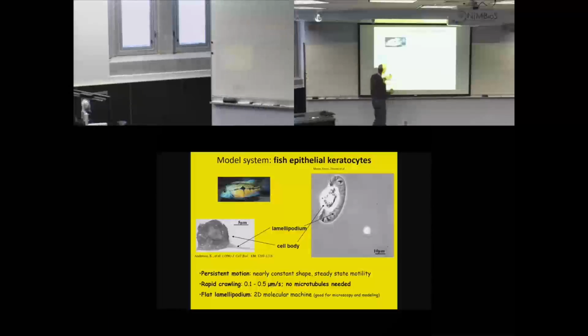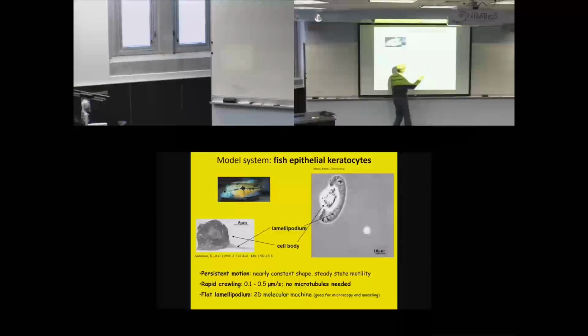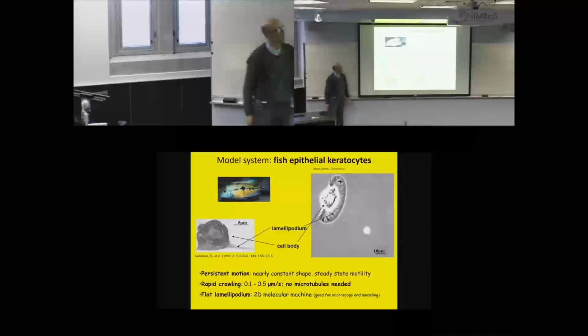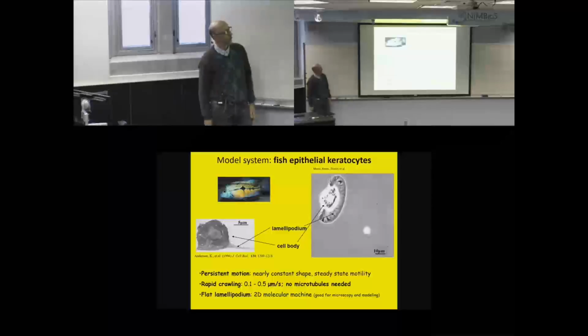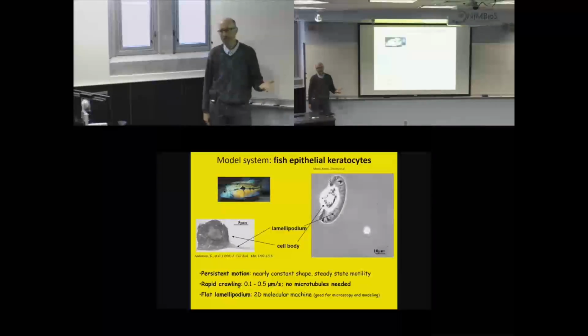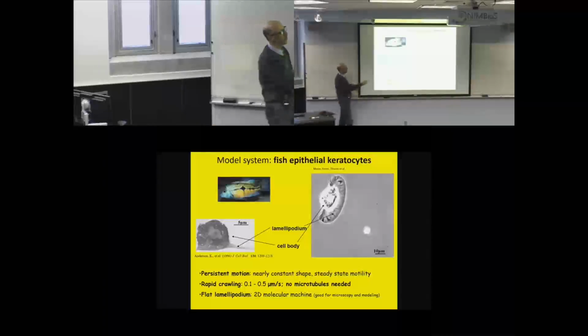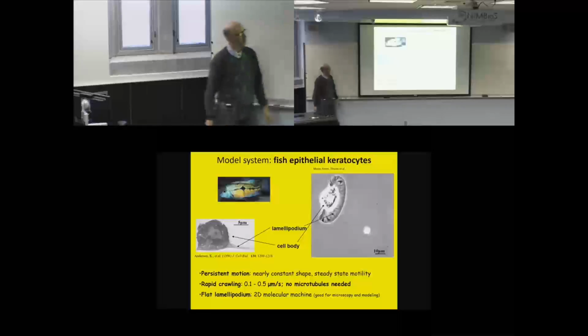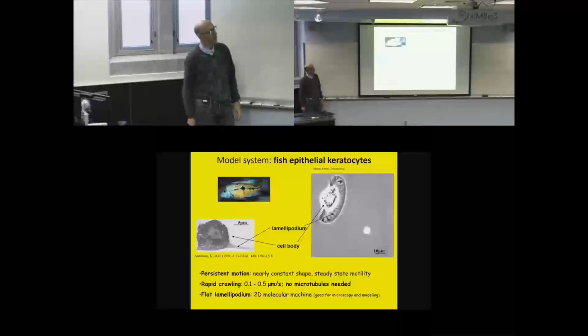And this ultra-thin but very broad and long appendage is the lamellipod. This is the motile appendage of the cell. This is the engine of the cell. There are pretty much no organelles inside. Latest research says that there are not even mitochondria. So it's basically just cytoskeleton wrapped in membrane.